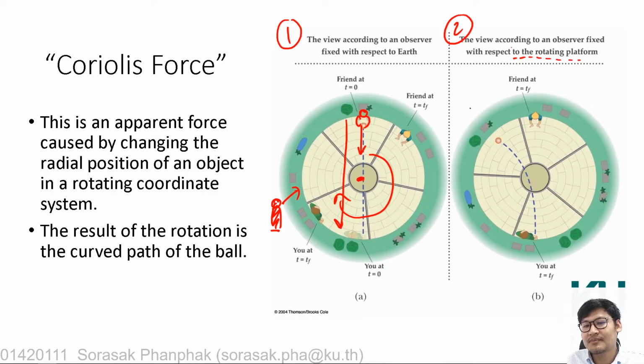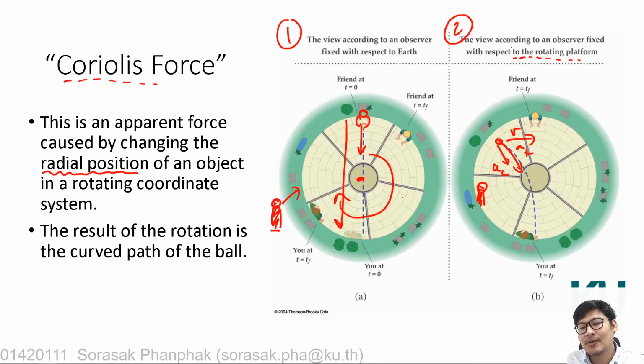But if you sit on this rotating platform, you see this guy throwing the ball outward with some velocity and also the tangential acceleration and the radial acceleration. This introduces an additional force, which is the Coriolis force, due to the change of the radial position.